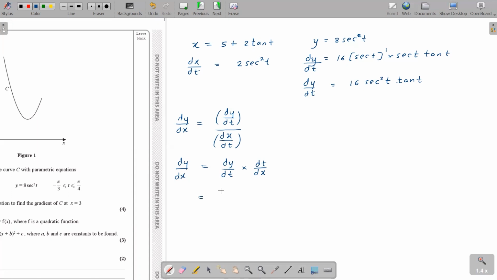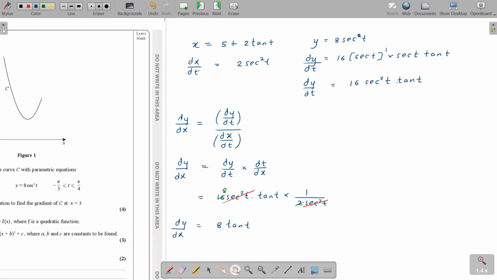So dy by dt is 16 sec squared t tan t. dt by dx is the reciprocal of 2 sec squared t, which is 1 over 2 sec squared t. So you can see the sec squared will directly cancel out. 2 and 16 also cancel out, 2 times 1, 2 times 8. What's remaining? 8 tan t. Do you agree? So this is the dy by dx.